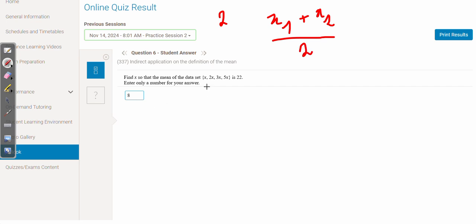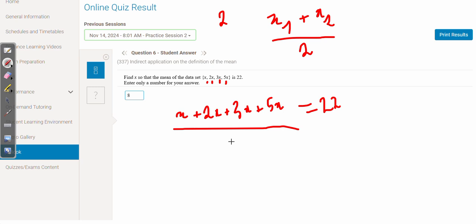Here we have 1, 2, 3, 4 data values. So we do x plus 2x plus 3x plus 5x, divided by the number of occurrences, 4, is equal to 22. So that's how you find x.